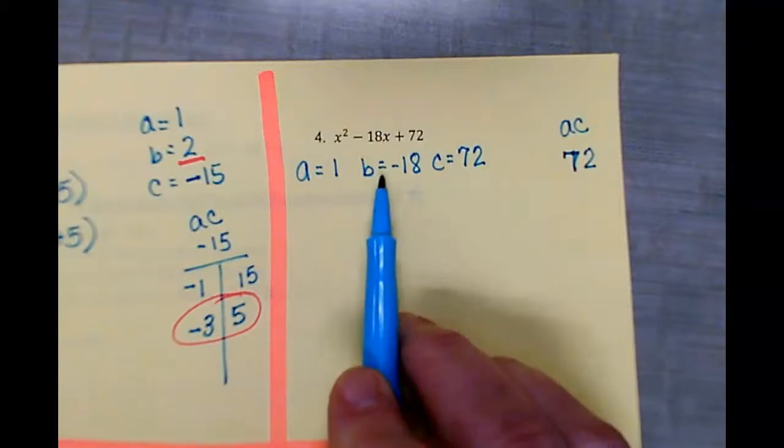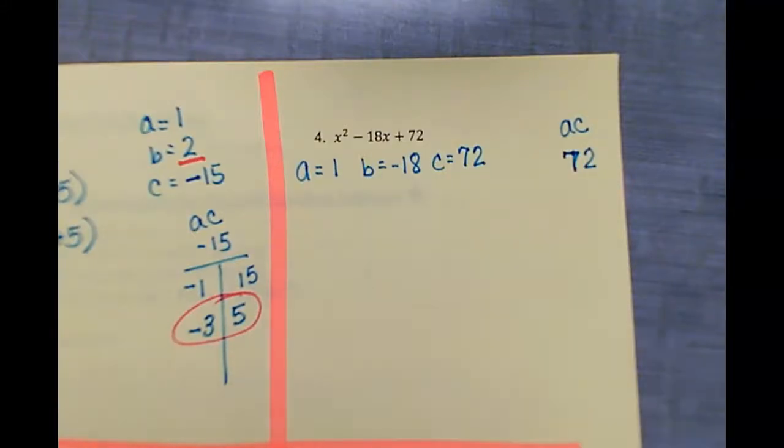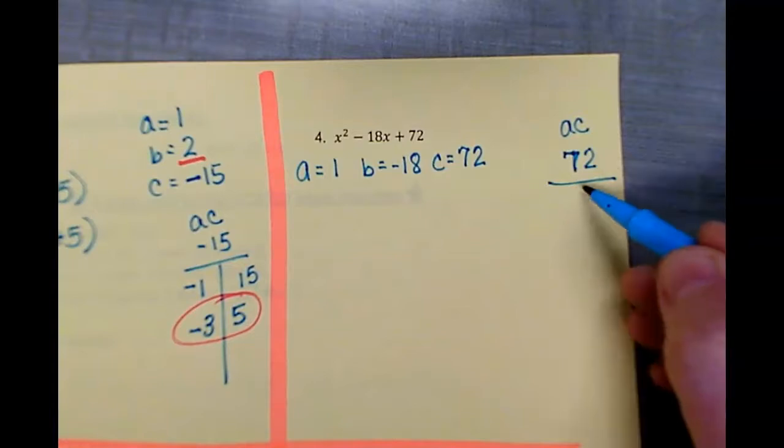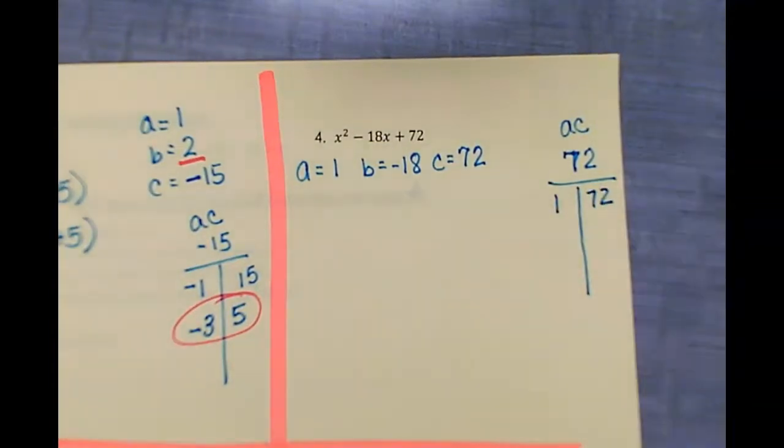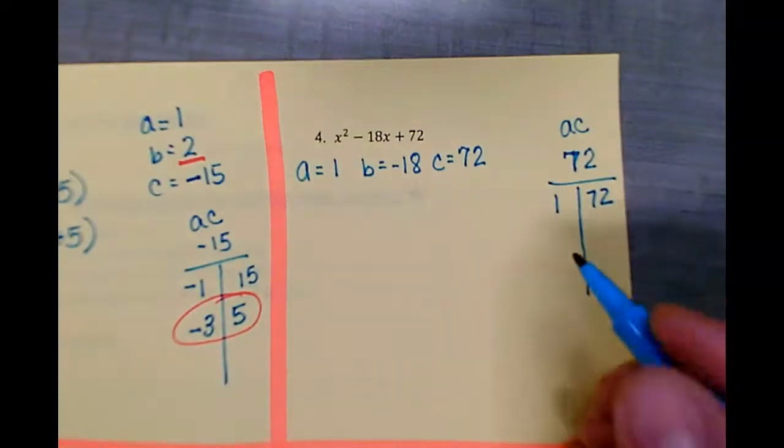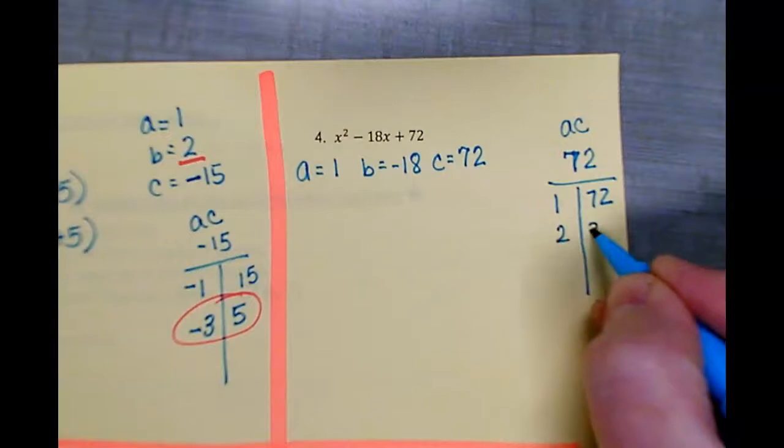Since this number is positive and this number is negative, I am going to need a positive negative over here in my factor chart. So 1 times 72 and 2 and 36.